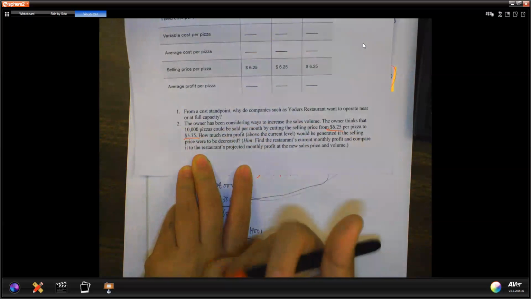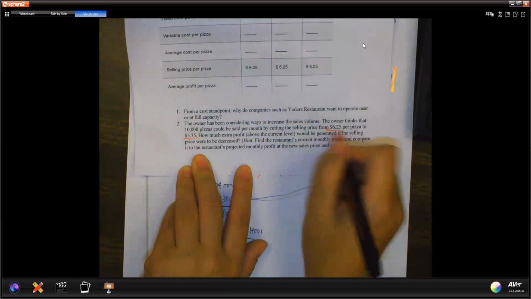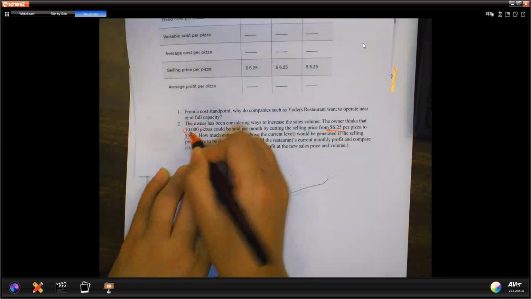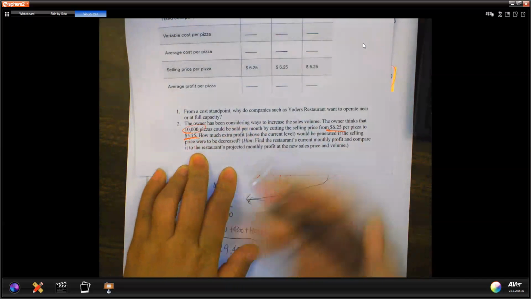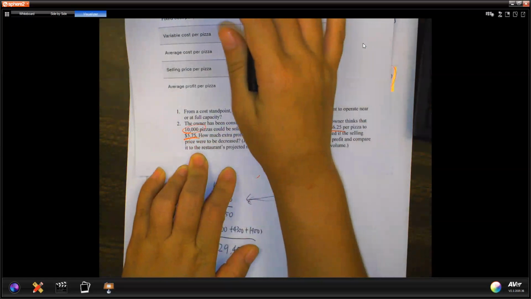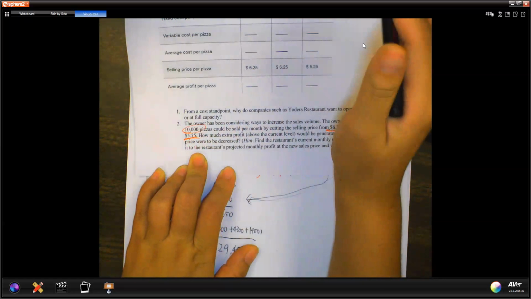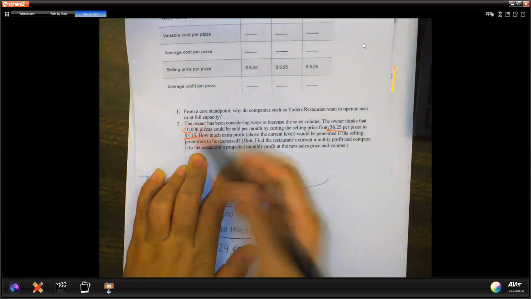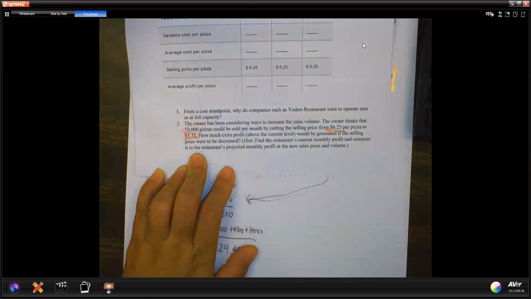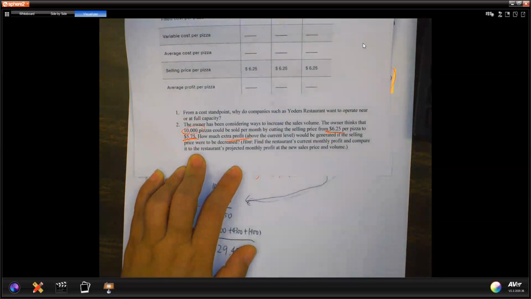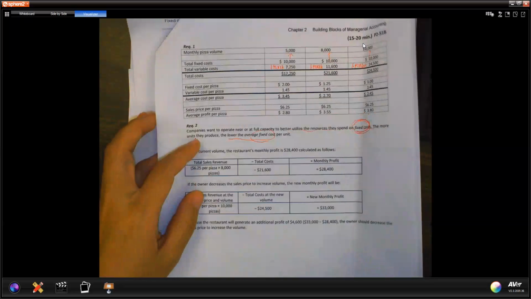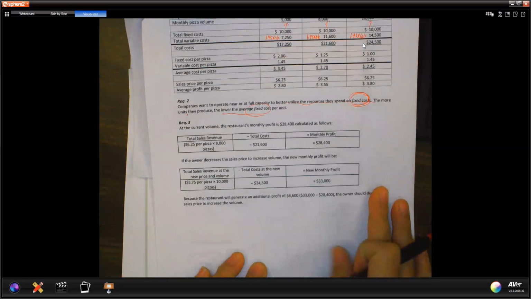You said you want to sell more by selling cheap, right? Instead of just selling 8,000 at 6.25, you can sell 10,000 if you sell cheaper. Cheaper, more people will buy it. And then we ask, how will this affect the profit? So we calculate those two situations and compare them.